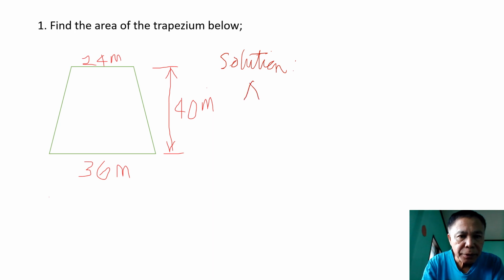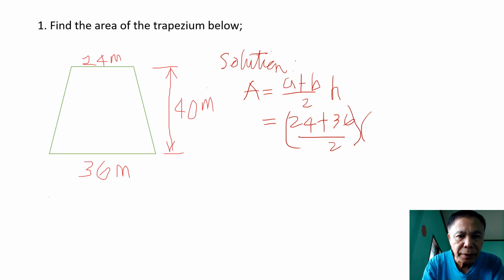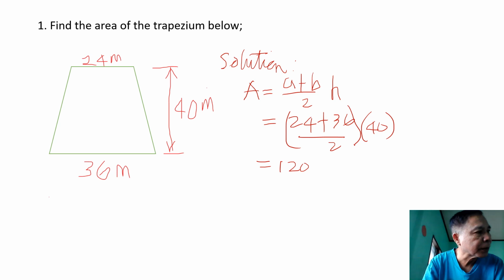Area of the trapezium equals (A plus B) all over 2 times, of course, the height, which equals (24 plus 36) all over 2, times the height of 40. So the area would be equivalent to 1,200 meters squared.